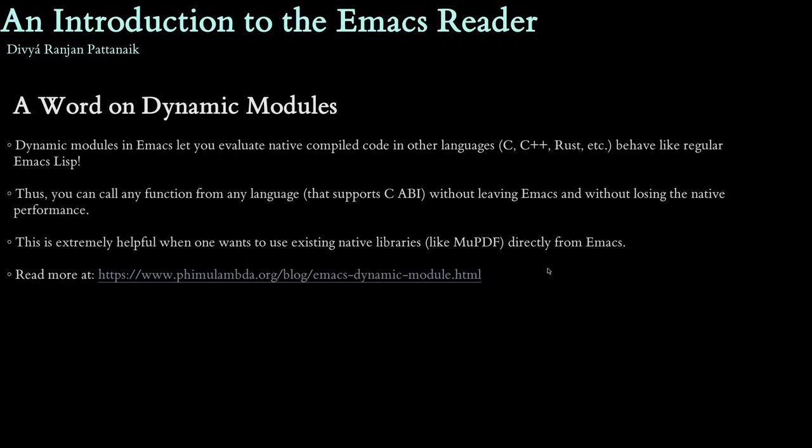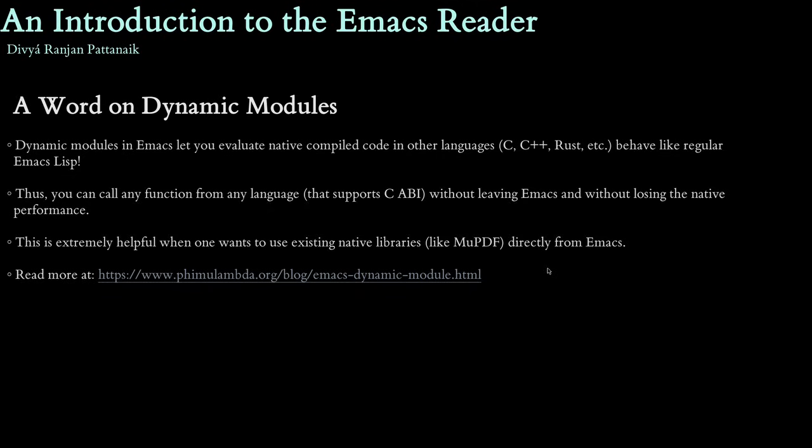Well, what exactly are dynamic modules? I can't really give you a full-fledged explanation, but essentially dynamic modules let you evaluate native compiled code in other languages like C, C++, Rust, that behaves like regular Emacs Lisp.